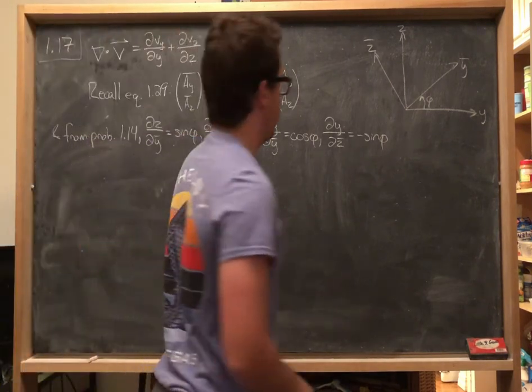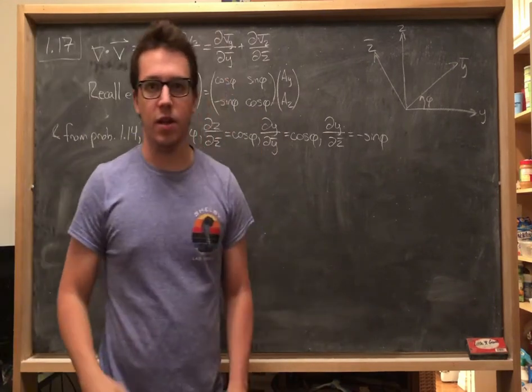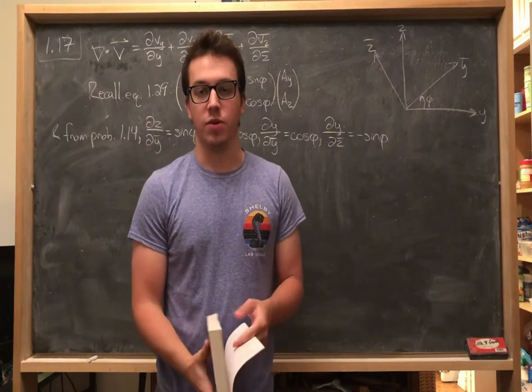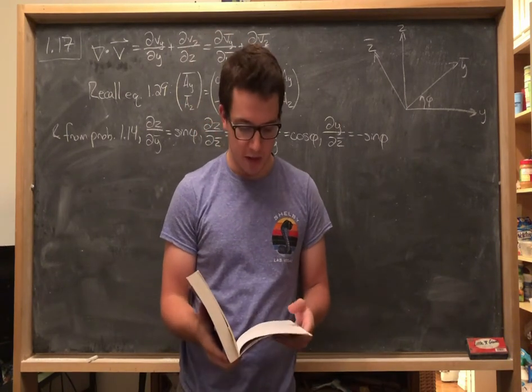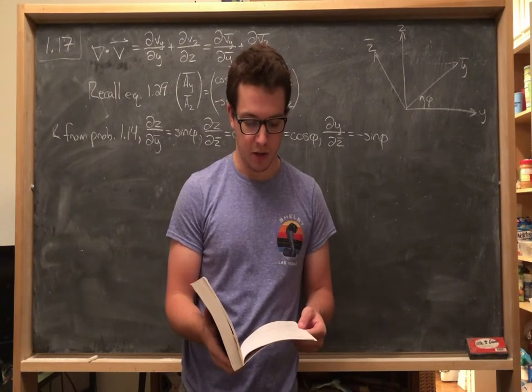Now, if we were to re-express this in a new coordinate system, specifically under a rotation, as the problem asks, it asks us to show that the divergence transforms as a scalar under rotations.